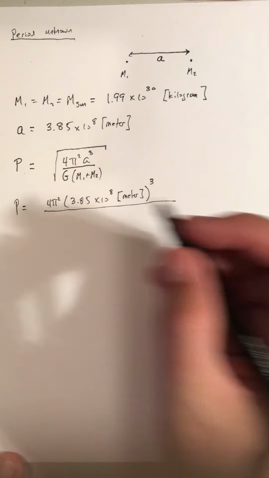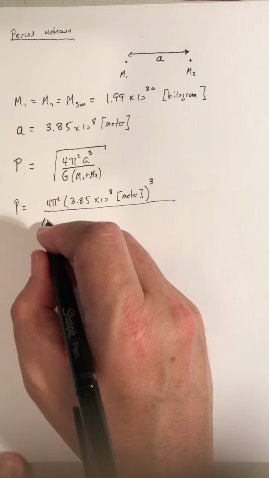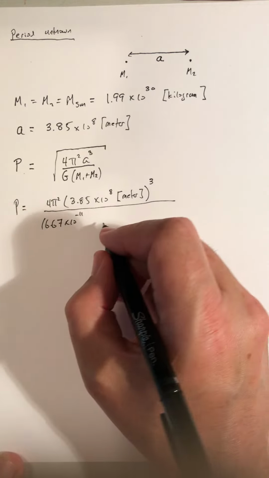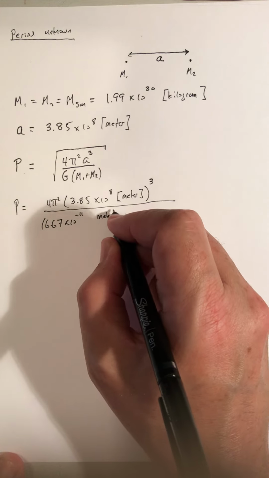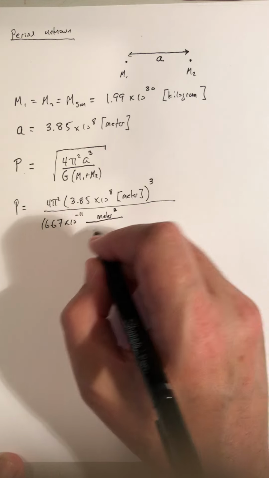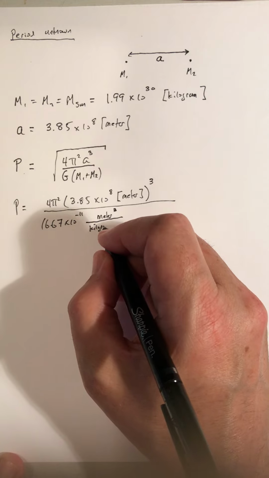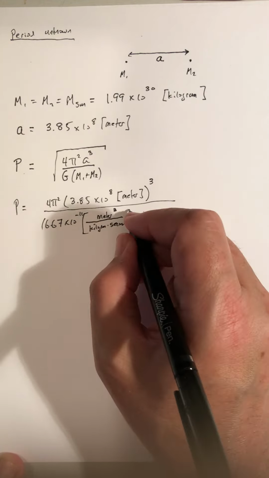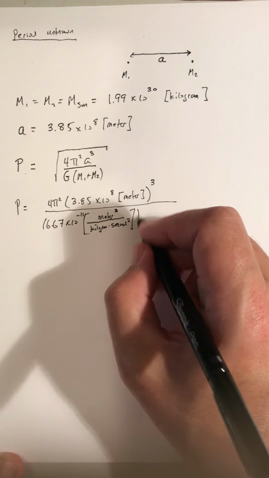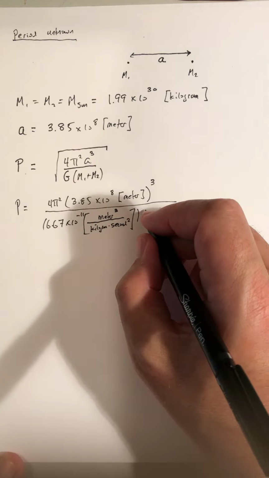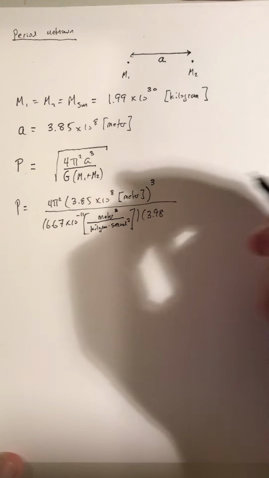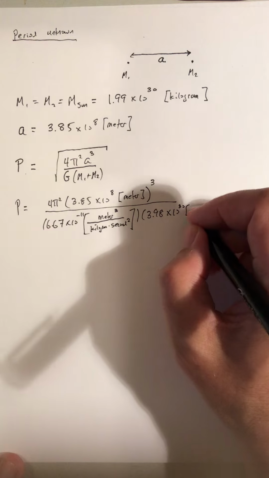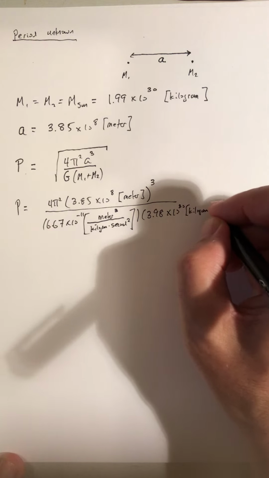And then in the denominator, we have universal constant of gravitation, 6.67 times 10 to the minus 11 meters cubed over kilogram second squared. And the sum of the two masses, 3.98 times 10 to the 30th kilogram.